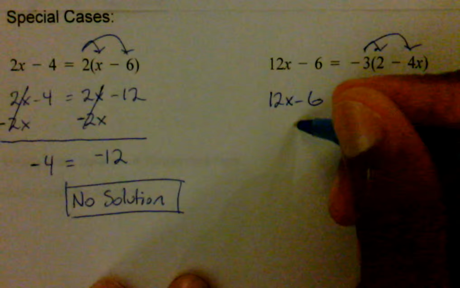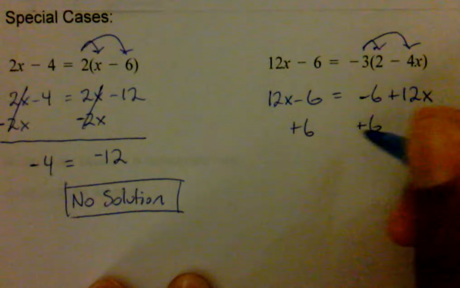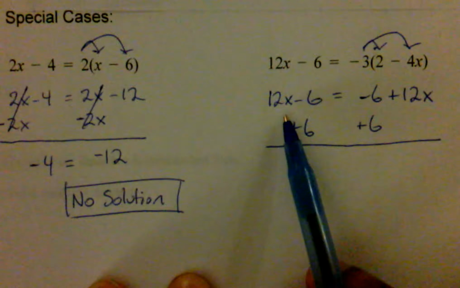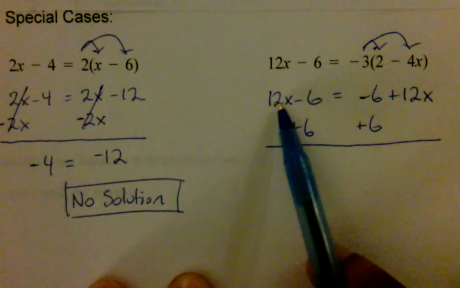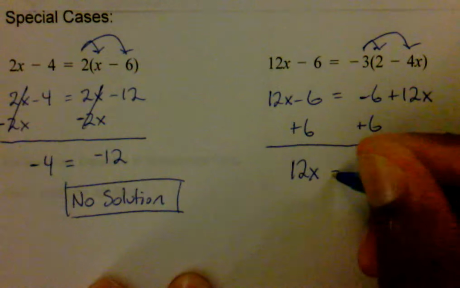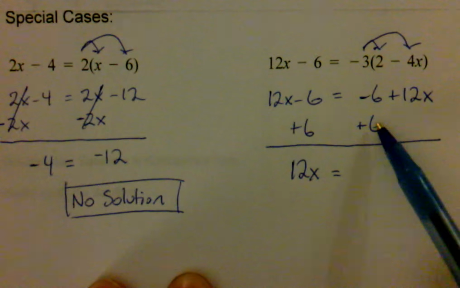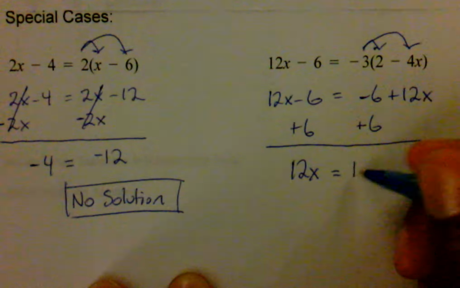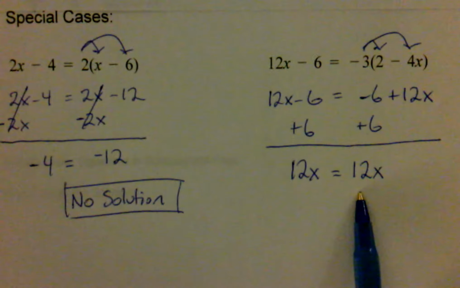On the left, 12x minus 6 plus 6 is 12x plus 0, which is just 12x. On the right side, I have negative 6 plus 6 plus 12x, which is 0 plus 12x, which is 12x. So here I have 12x equals 12x.